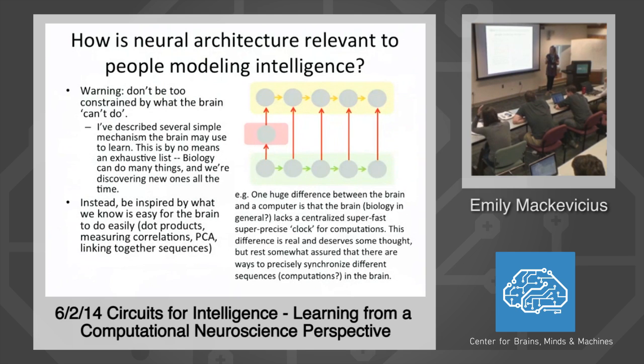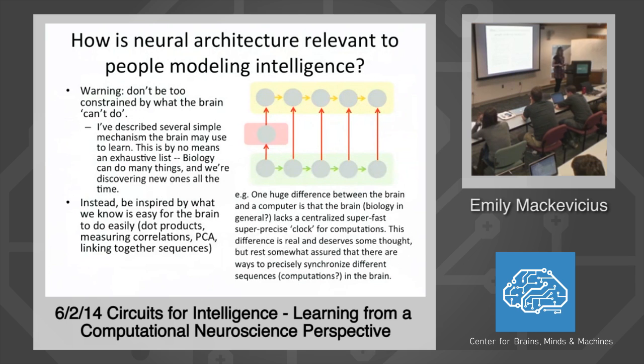So we've been talking about timing, and I wanted to go into a bit of an interlude about timing and also how, if you're modeling intelligence, you should use neural architecture. How is it relevant to you? I just want to give a warning: don't be too constrained by what the brain can't do.